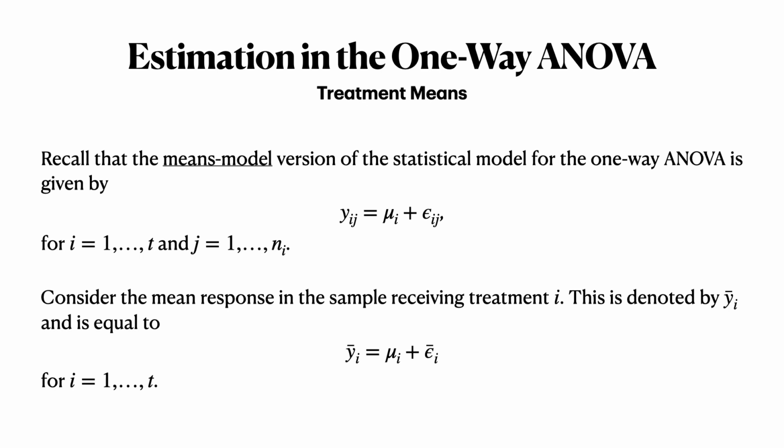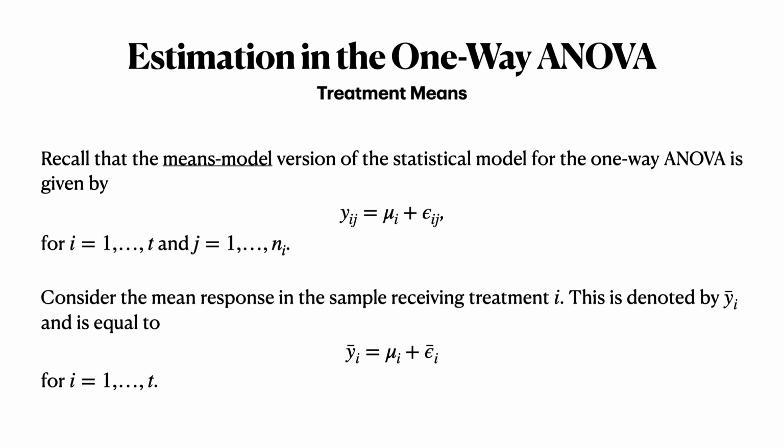Recall that the means model version of the statistical model for the one-way ANOVA is given by the following: y sub ij equal to mu sub i plus epsilon sub ij, where mu sub i is the population mean under the ith treatment, i is the index for the treatments, which varies from 1 up to t, and then j is for the observations within a sample, going from 1 up to n sub i.